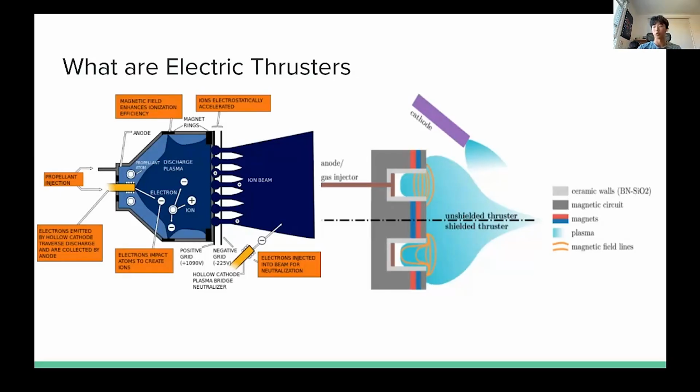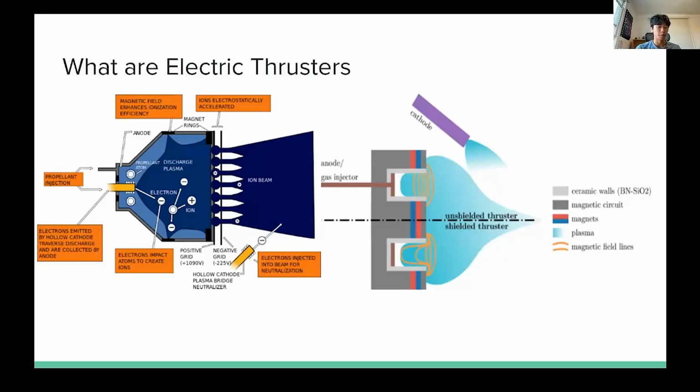Through that they are able to have much higher specific impulse, which is fuel efficiency, up to like 3,000 seconds compared to like 350 for the current most efficient rocket engines.